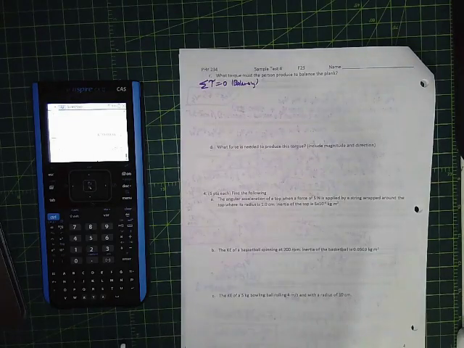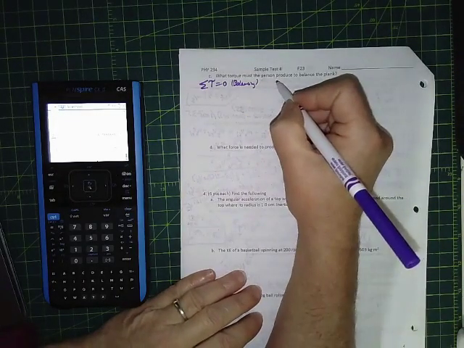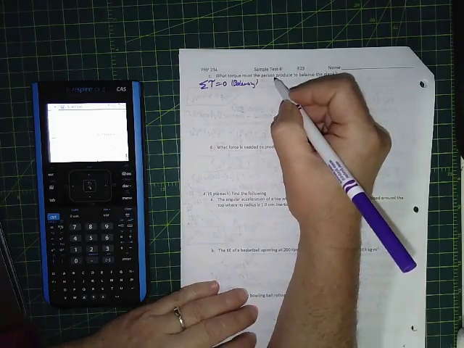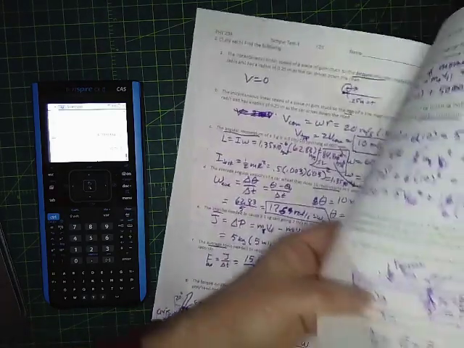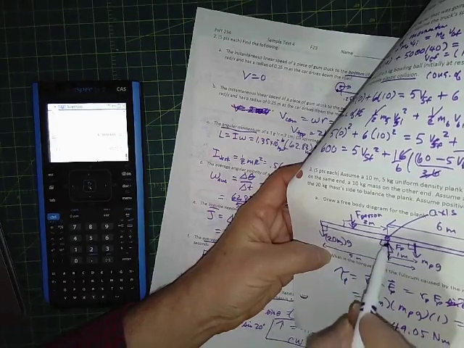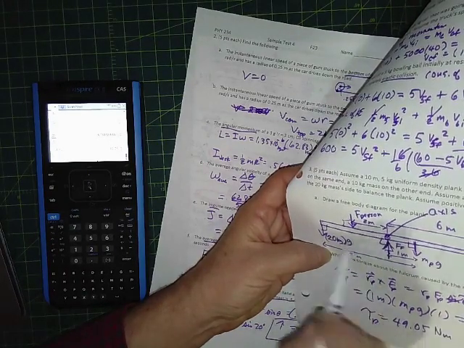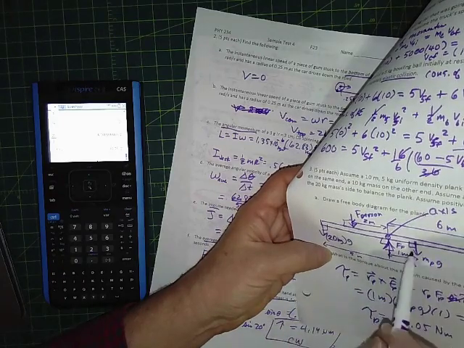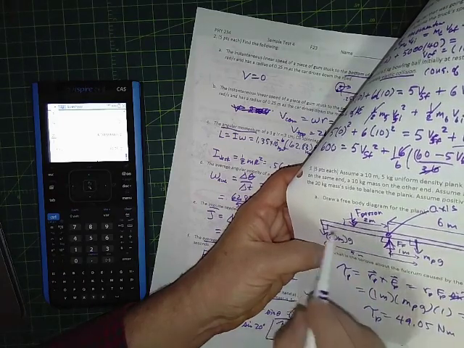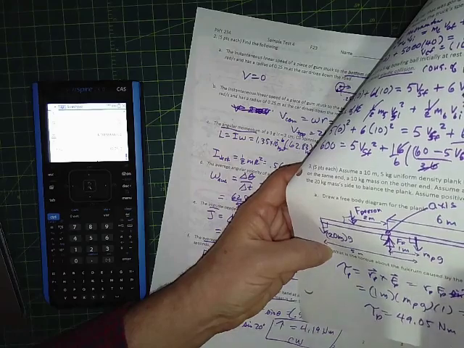So we got torque equals 0, and it's difficult to see, but the fulcrum has no torque because the moment arm is 0, right? So we've got 1, 2, 3, 4 torques. We've got the torque of the 20, the torque of the person, the torque of the plank, and the torque of the 10.